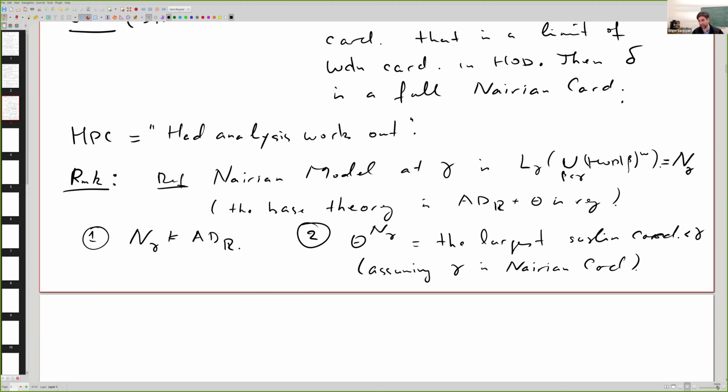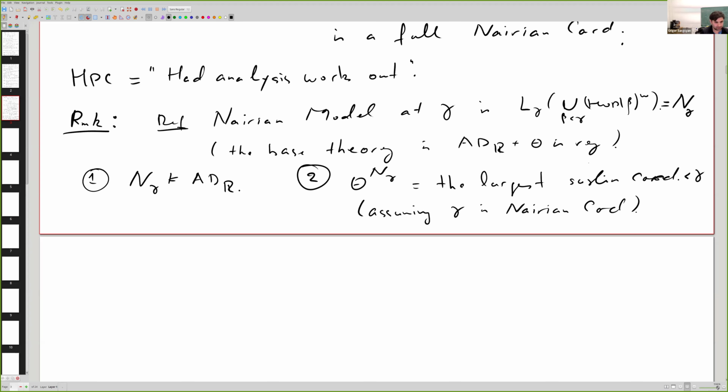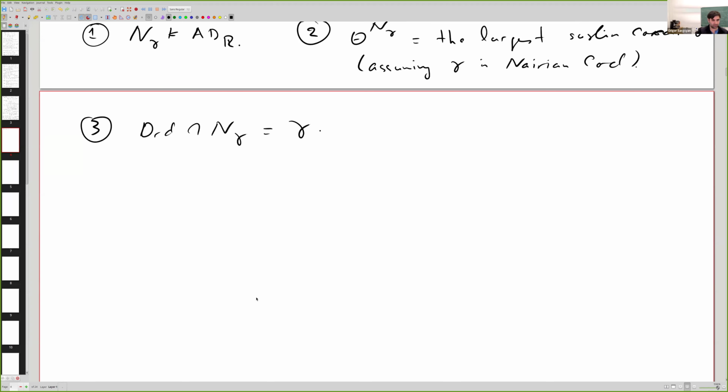We want the ordinal height to be exactly gamma. You just have to do it slowly, not just put the whole thing at the bottom. But anyway, you can do it. Okay, so let me just state the theorem.